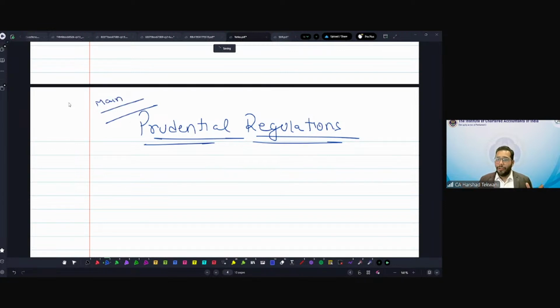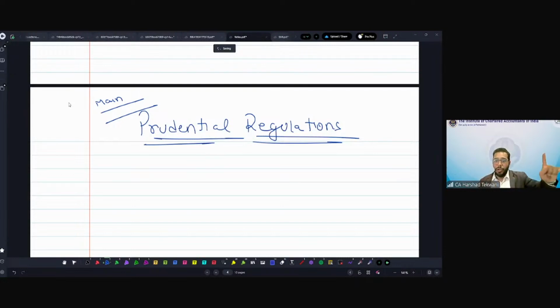Now, prudential regulations are nothing but the way NBFC has to work, the way NBFC has to do accounting, the way NBFC has to do activities. So guidelines, you can say, around operations, how NBFC has to work. This is how NBFC has to do activities, accounting, financial management.